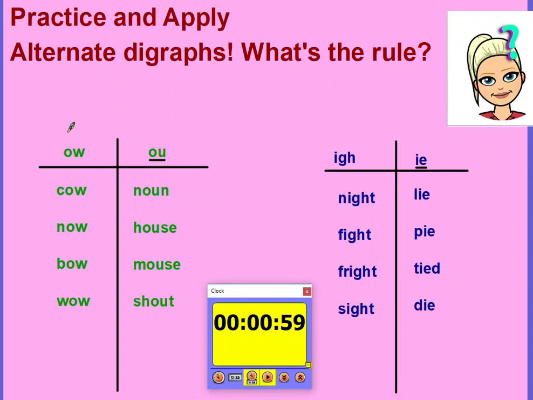So what tells us if it's owl or owl? And what tells us if it's I or I? Okay, have a little think about that. I'm going to give you 1 minute just to have a think about it. If you want to write down your rule on your whiteboard, then you can do that as well.